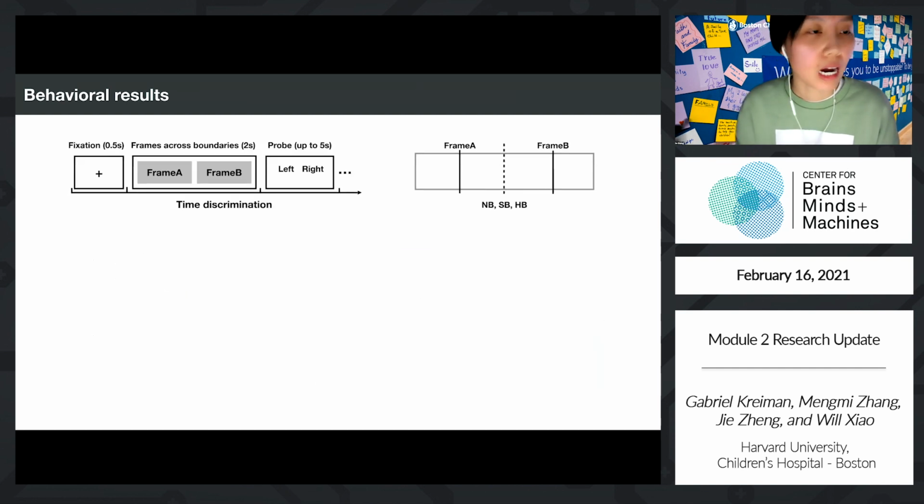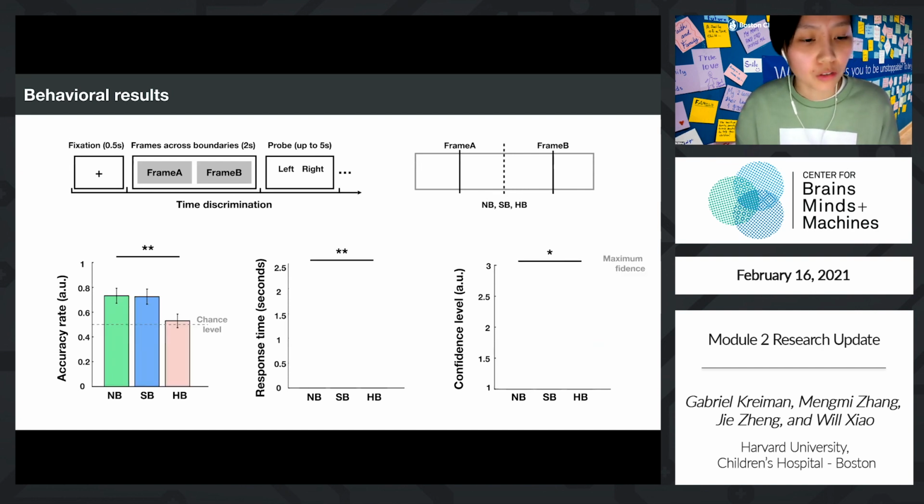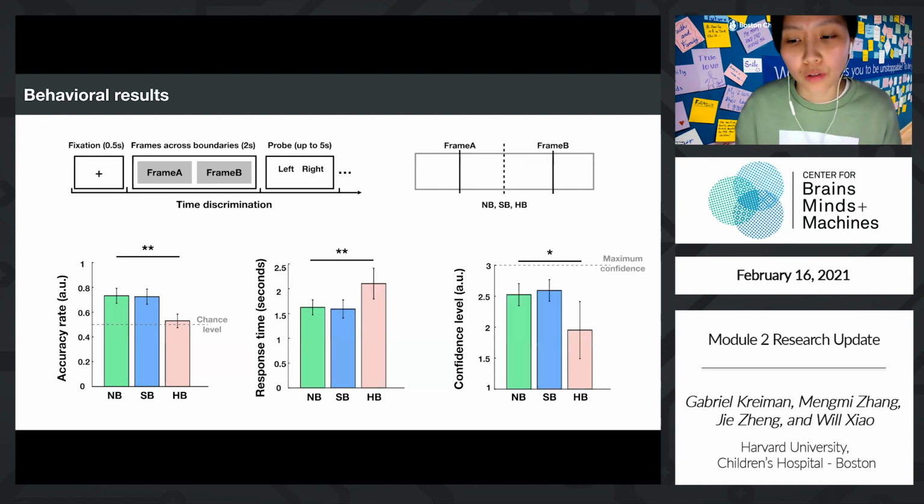Then how about the time discrimination? If we plot the same measurements for the time discrimination task, in terms of accuracy, response time, and confidence level, what we can already see is that subjects tend to have worse time discrimination accuracy, they take longer to respond, and they also have less confidence in their choice when they are trying to recall the temporal order of two frames that cross a hard boundary in the original clip.